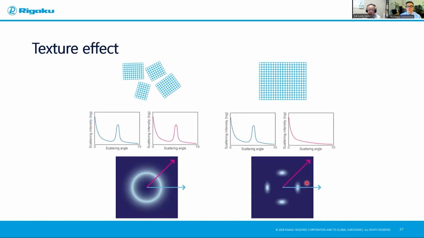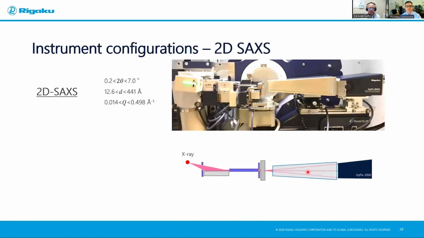However, if your sample has a strong preferred orientation, depending on which direction you scan, sometimes you see the peak, sometimes you don't. For SAXS, because we don't know what kind of texture we may have, we simply record the scattering intensity two-dimensionally like this. To do so, we have a very special setup.